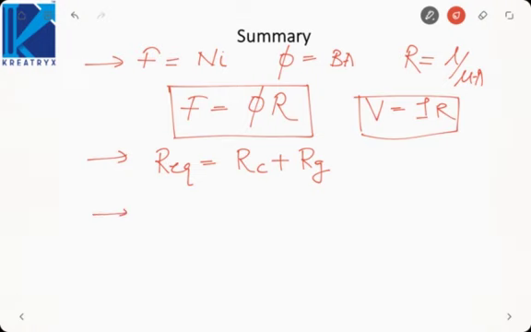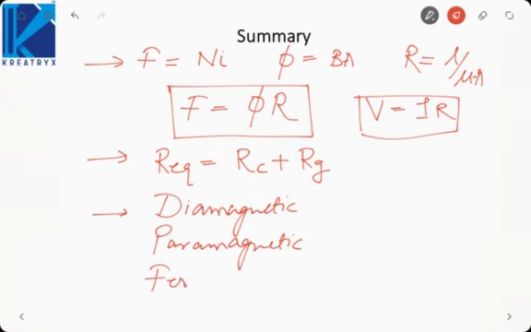Then we saw types of magnetic material. First one was diamagnetic, in which dipoles are oriented in the opposite direction to the magnetic field. Then paramagnetic, where dipoles are oriented in the same direction, but in both these materials magnetization is small. So paramagnetic materials are attracted by the magnetic field, diamagnetic are repelled. Then we saw ferromagnetic.